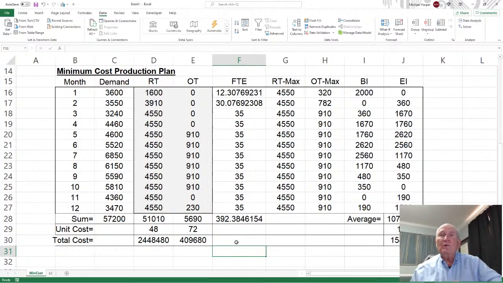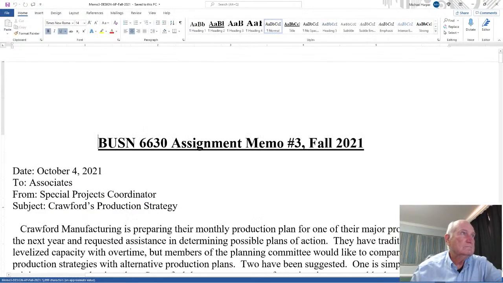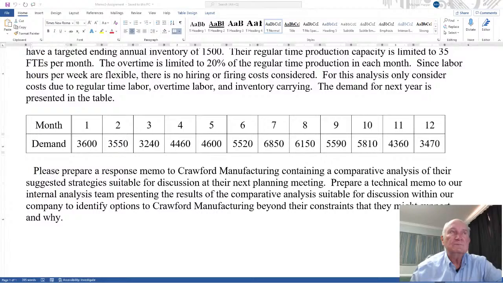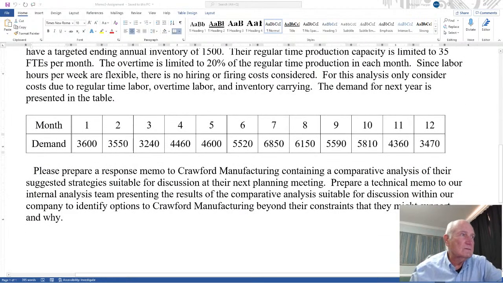But wait a minute, there's one more, minimum inventory. So let's go back to the, let me bring back Excel.